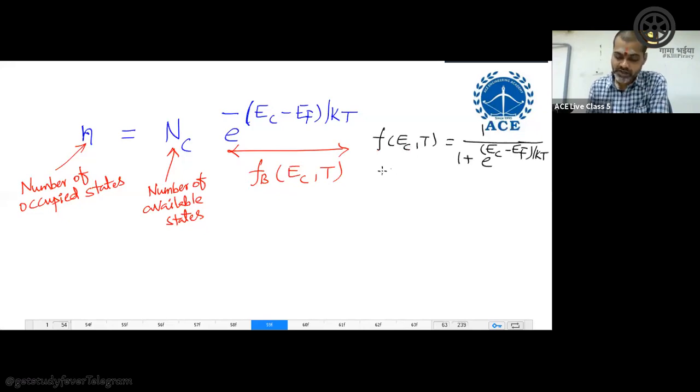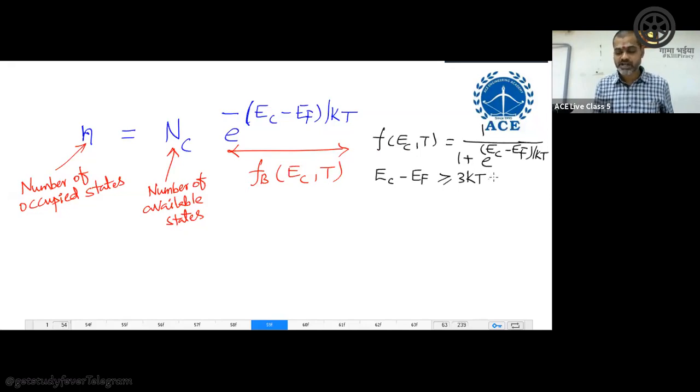Now you can very clearly see, if you consider the conduction band, Ec minus Ef is going to be greater than or equal to 3 times kT. You can consider this very easily because the Fermi energy level is located in the middle, as we have considered. So this condition is going to be satisfied.